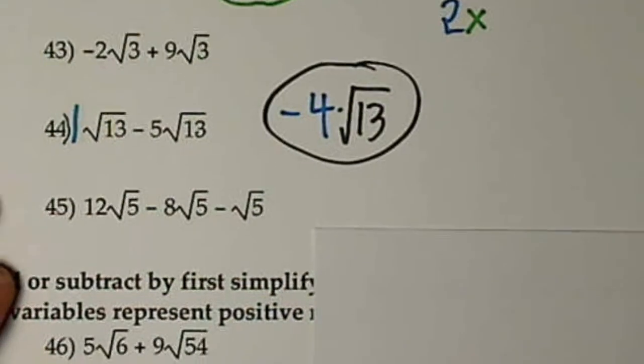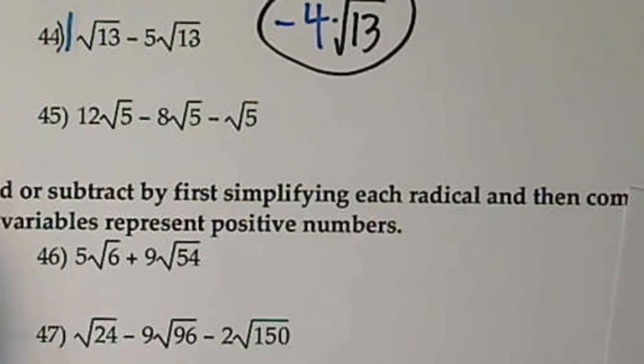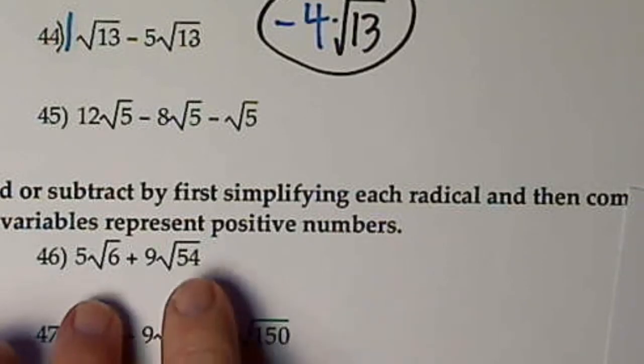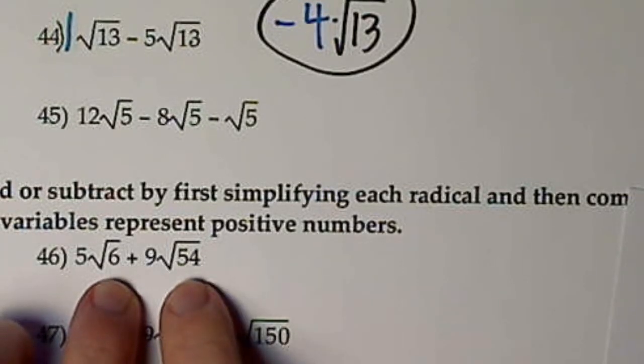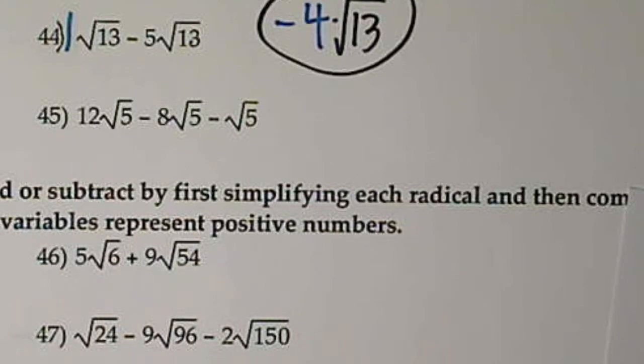Okay, if you take a look down here at let's say 46 and 47, we're not able to add or subtract the way these are written presently because you don't have the exact same thing under the radical. So we'll try to simplify what we have under the radical and then see if we can add or subtract. And let me get a different sheet for that.